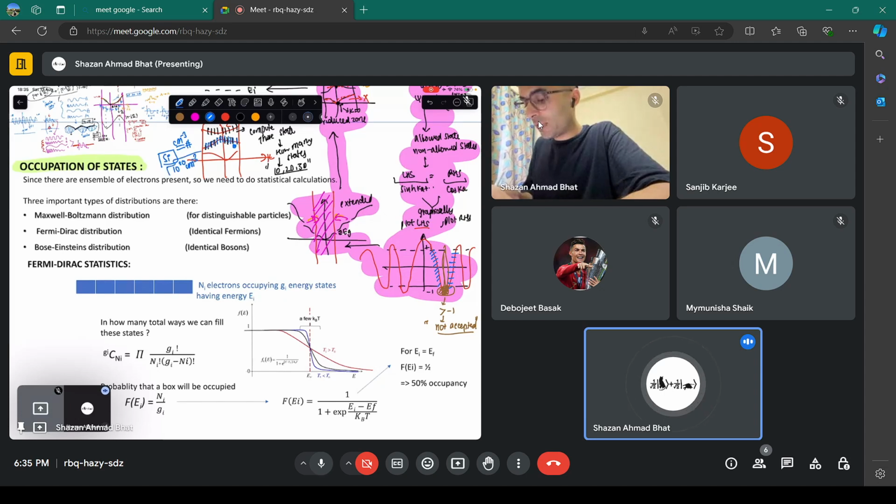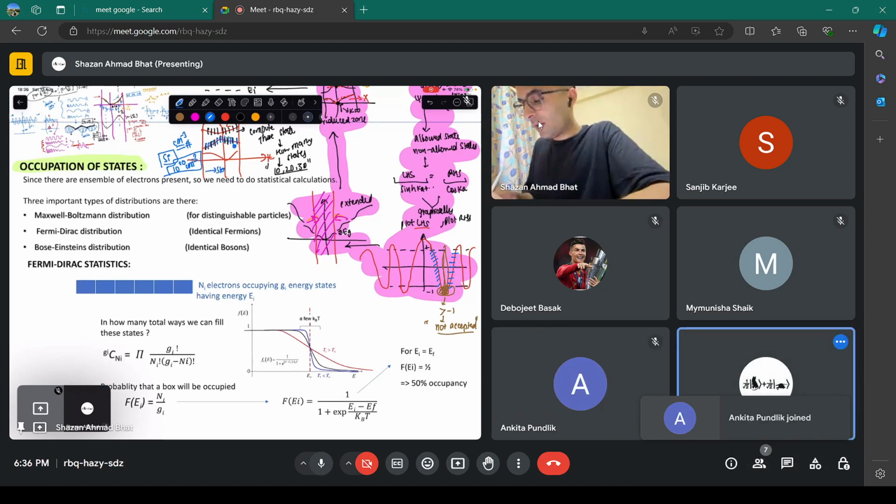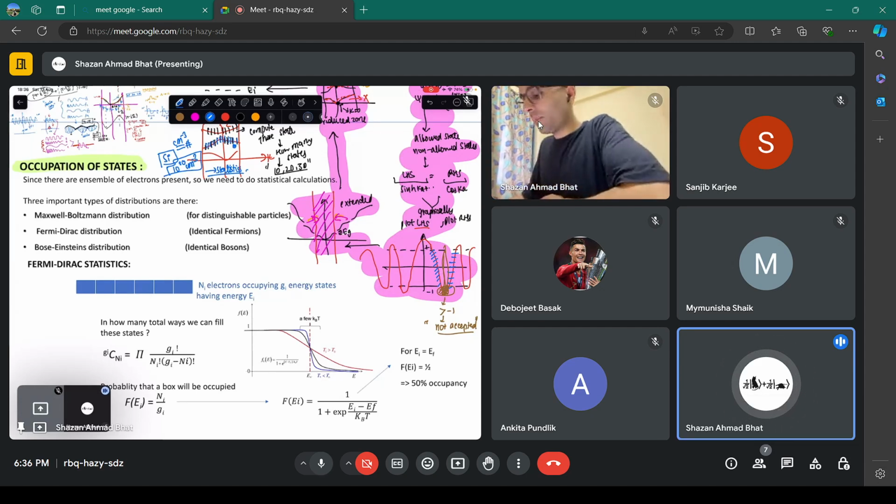That's a huge number of electrons, and you cannot just think about a single electron occupying a state. You have to use statistical concepts to arrive at a probability distribution. What is the probability that the states will be occupied by the electrons, whether it will be occupied or not?